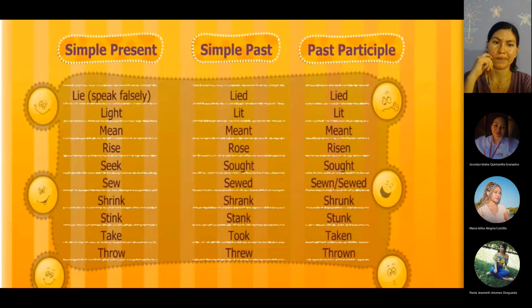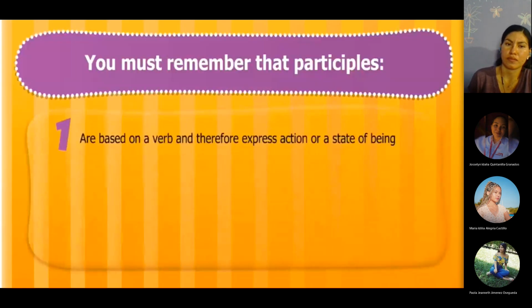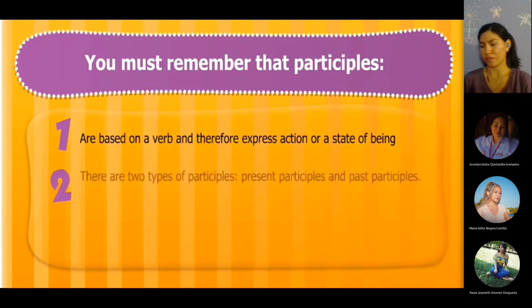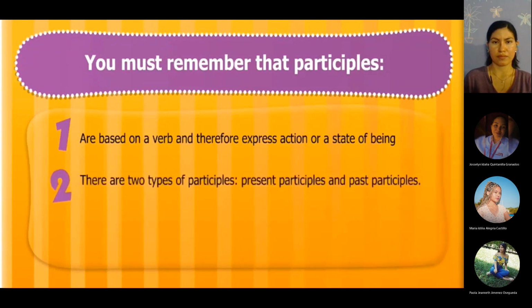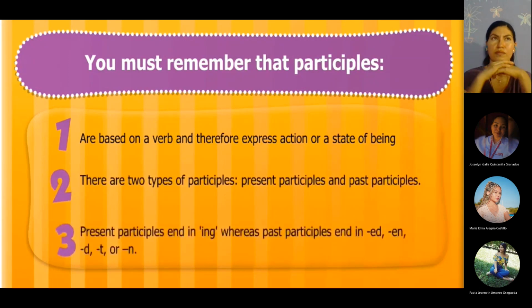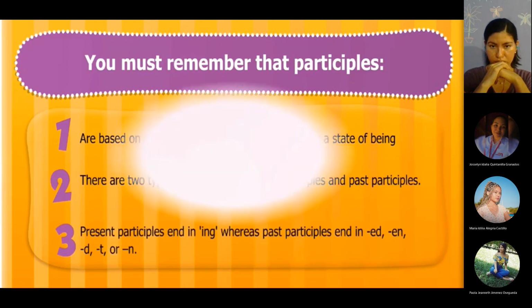The irregular verbs given here indicate the simple present and simple past and past participle forms of verbs. You must remember that participles are based on a verb and therefore express action or a state of being. There are two types of participles, present participles and past participles. Present participles end in ing, whereas past participles end in ed, en, d, t, or n.